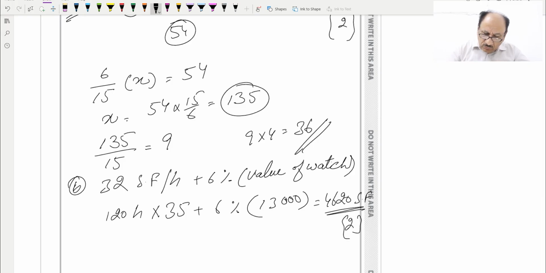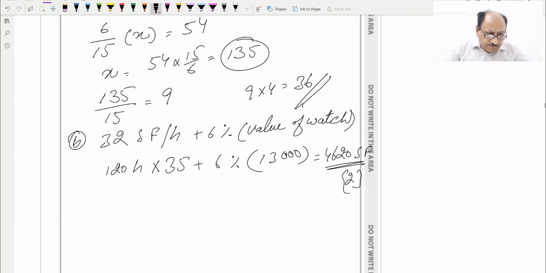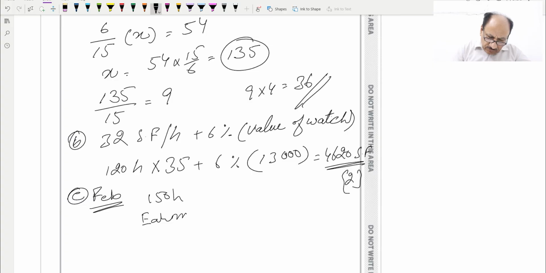Now for C part, in Feb, they're saying what happens in Feb is Mel works 150 hours. So 150 hours she worked and earns a total amount of 8040. So earning is equal to 8040 Swiss francs.